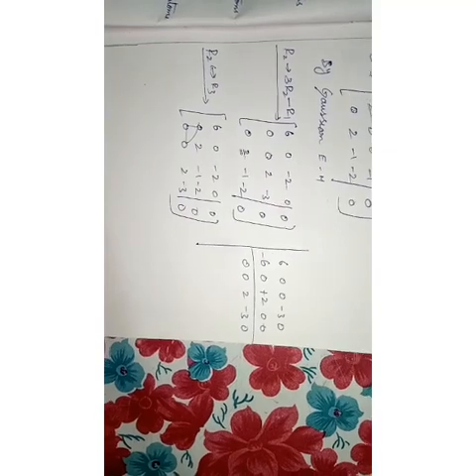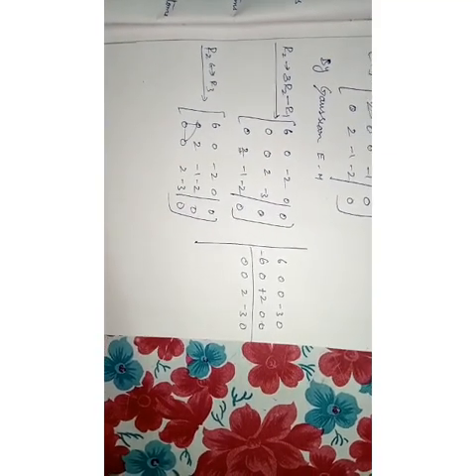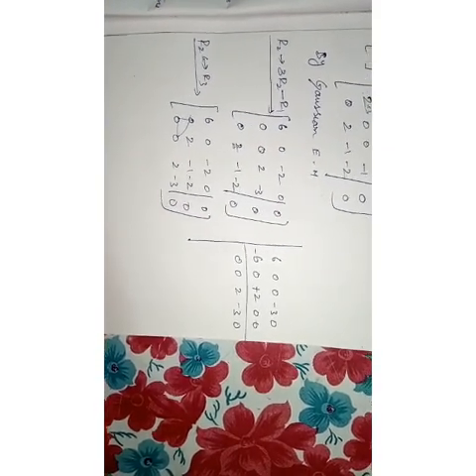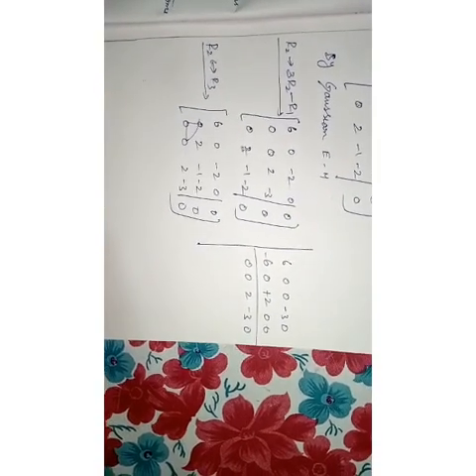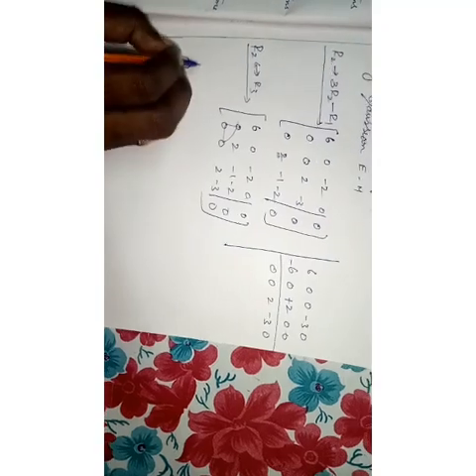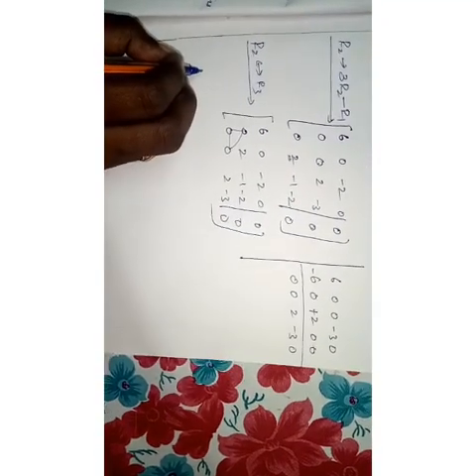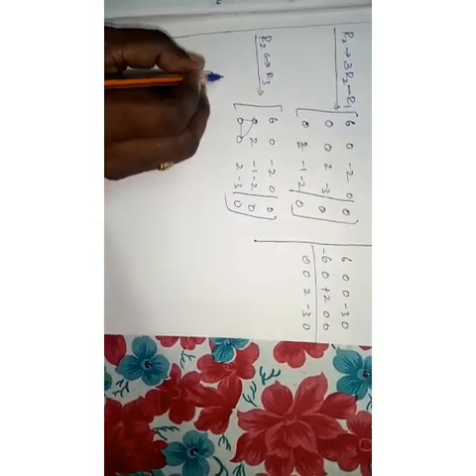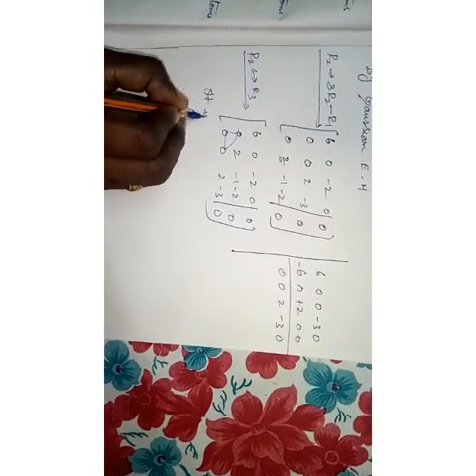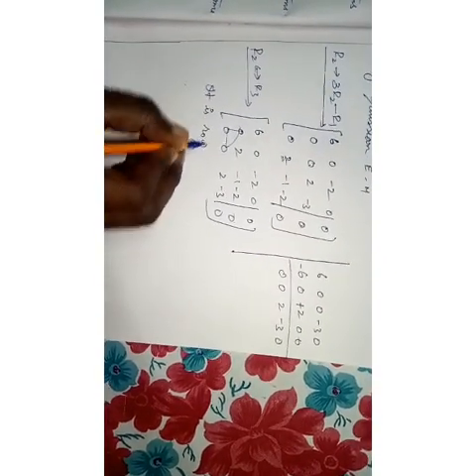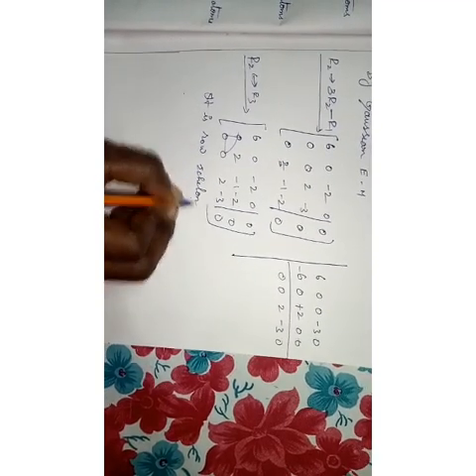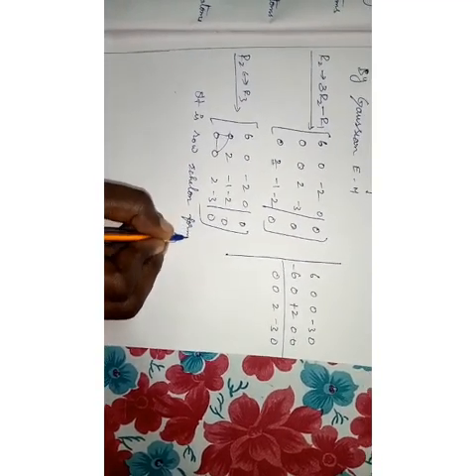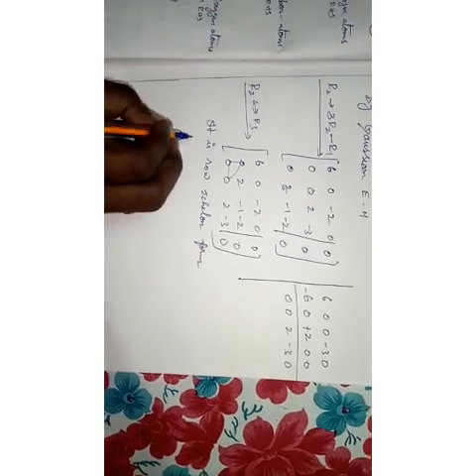Next, shall I write the equation? How to write this? After finishing the triangle shape of 0s, what can you do? It is in echelon form. What is the equation here?